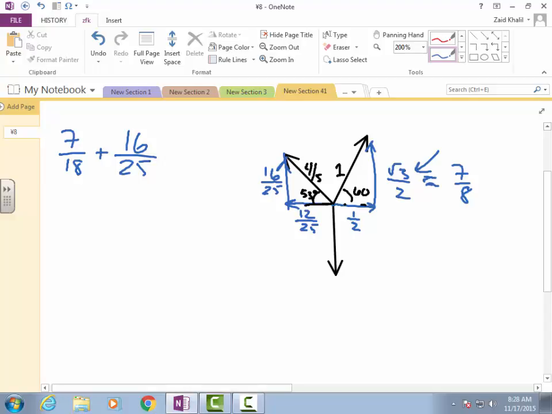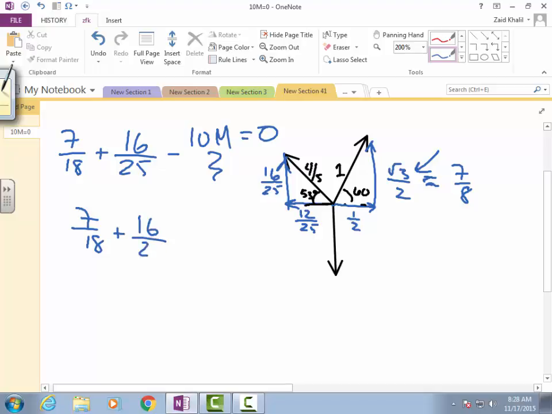Minus mg. And let's call g just 10. Minus 10m equals 0. Solve for m. So you have 7/8 plus 16 over 25, over 10, equals m.